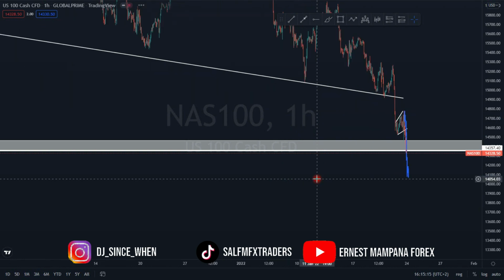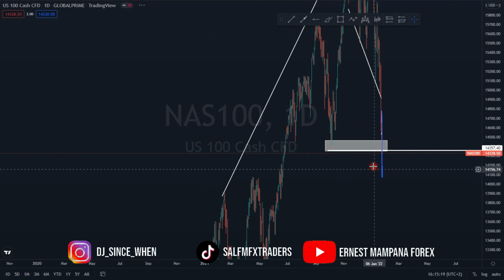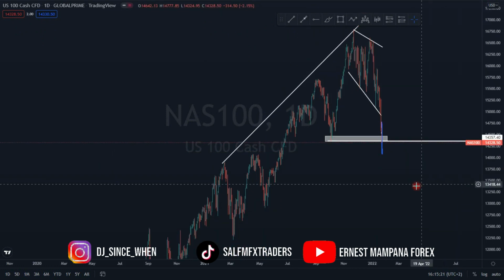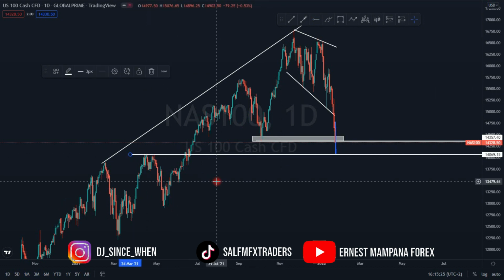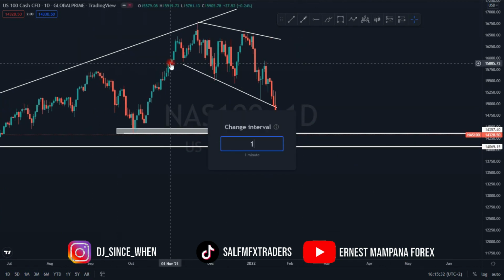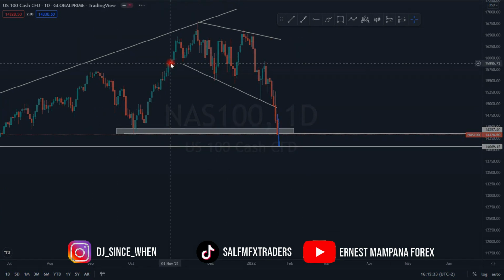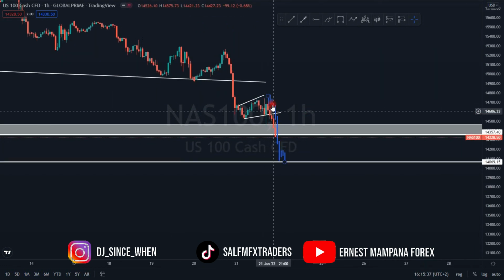So let me get that level on a daily time frame where we said the market might also push to. On the daily time frame, this is the level that I said the market might push to, and even with this leg right here that we are spotting on an hour time frame, it can confirm that the market might still get to that point.